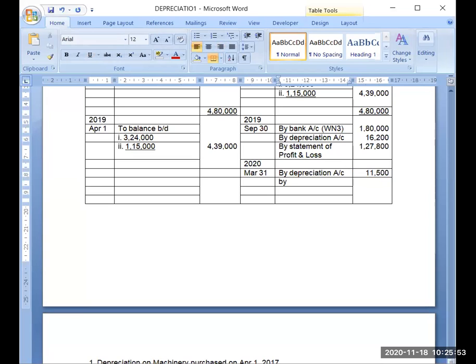Now we will calculate the balance carried down. For that, now the balance will be 1,15,000 minus 11,500, so 1,03,500. And then total will be there for both sides.